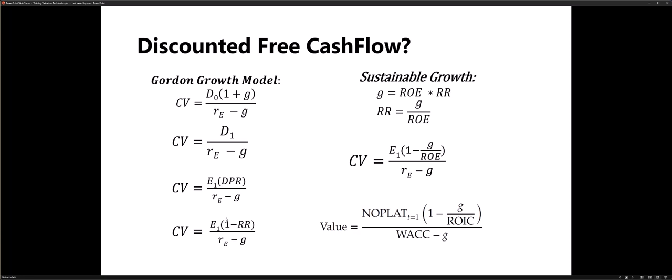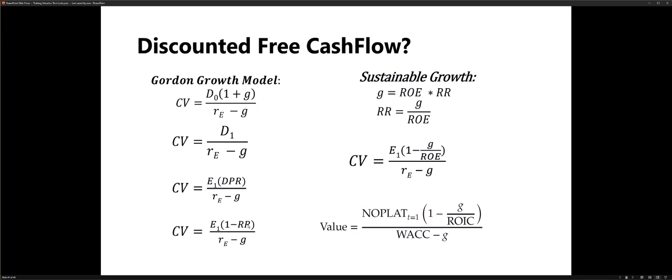So DPR plus retention ratio is equal to 1. So earnings times 1 minus retention ratio, your dividend payout ratio, becomes your D1 divided by R, cost of equity, minus G.